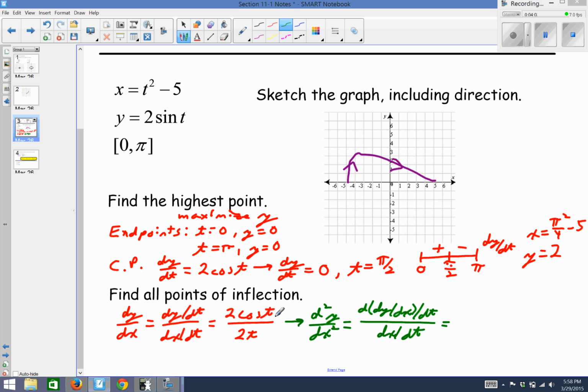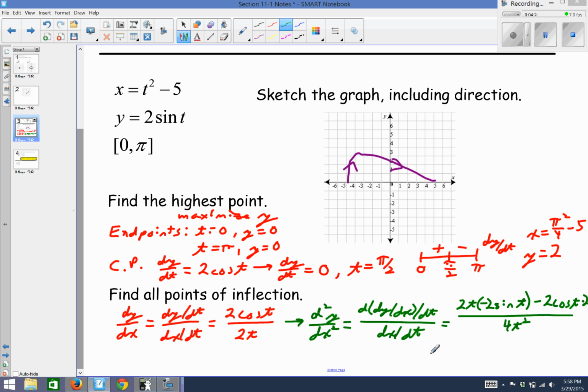So to do the derivative of dy dx with respect to t, I'm going to need to use quotient rule. So that's bottom times the derivative of the top minus the top times the derivative of the bottom, all over the bottom squared.